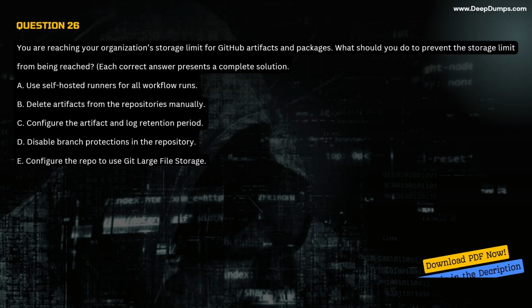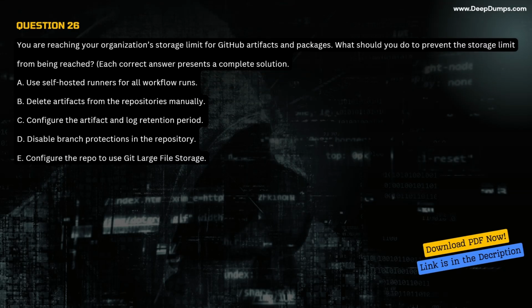Question 26. You are reaching your organization's storage limit for GitHub artifacts and packages. What should you do to prevent the storage limit from being reached? Each correct answer presents a complete solution. A. Use self-hosted runners for all workflow runs. B. Delete artifacts from the repositories manually. C. Configure the artifact and log retention period.